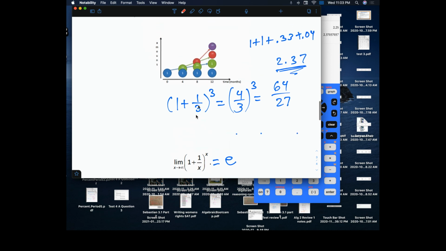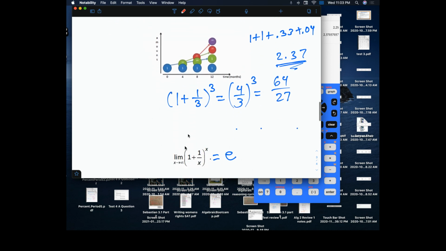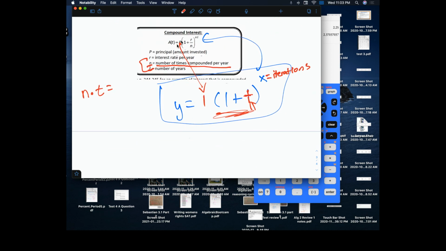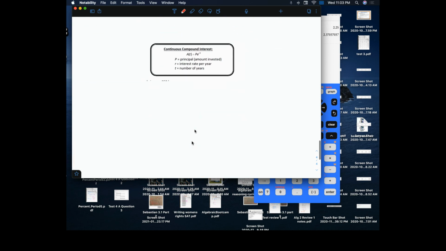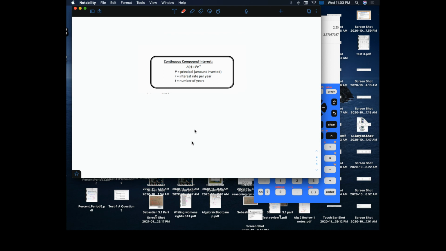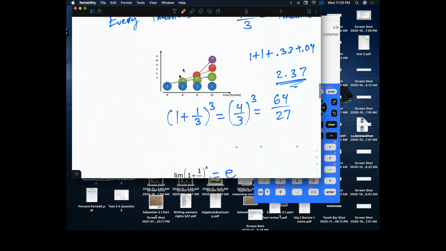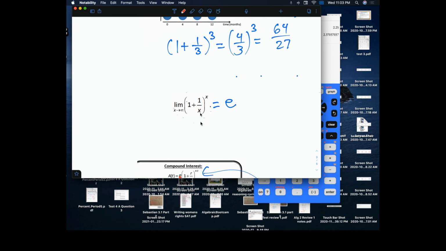So if you understood what we discussed here, that is this formula right here, right? And then the cool thing, I think this is amazing, is you have this other version, which is called compound continuously, which is this equation. And what's really cool here is that e, we just said e represents what? Well, e is this, right?